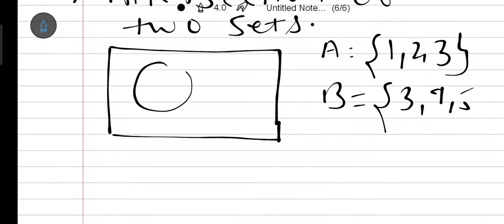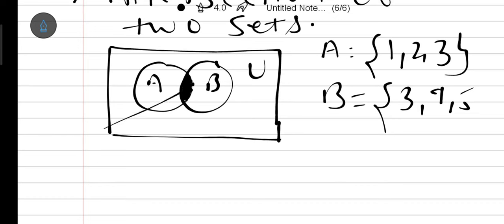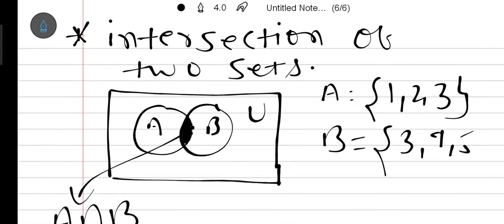Again we'll make A, B. So this is A, this is B, this is the universal set. Here this shaded region is what A intersection B is. We'll represent intersection of two sets with this symbol.